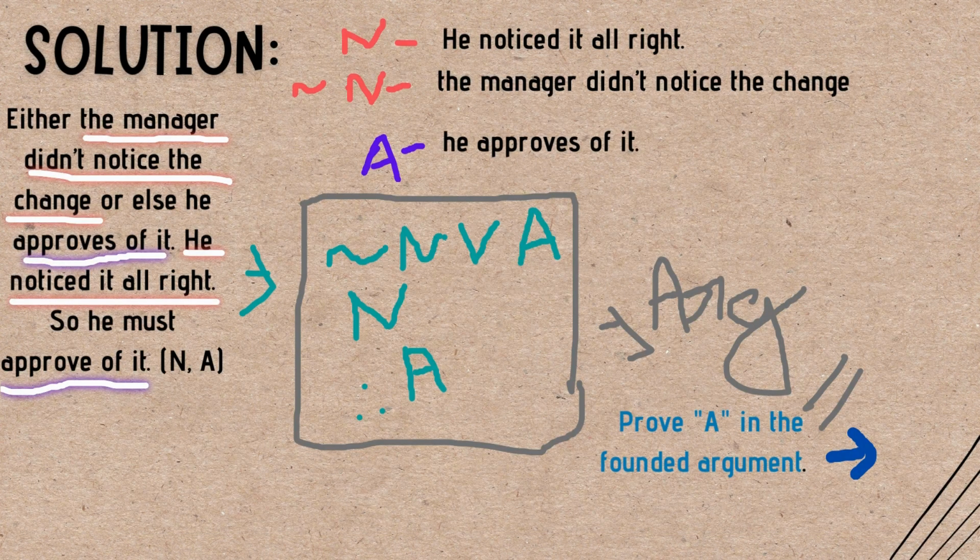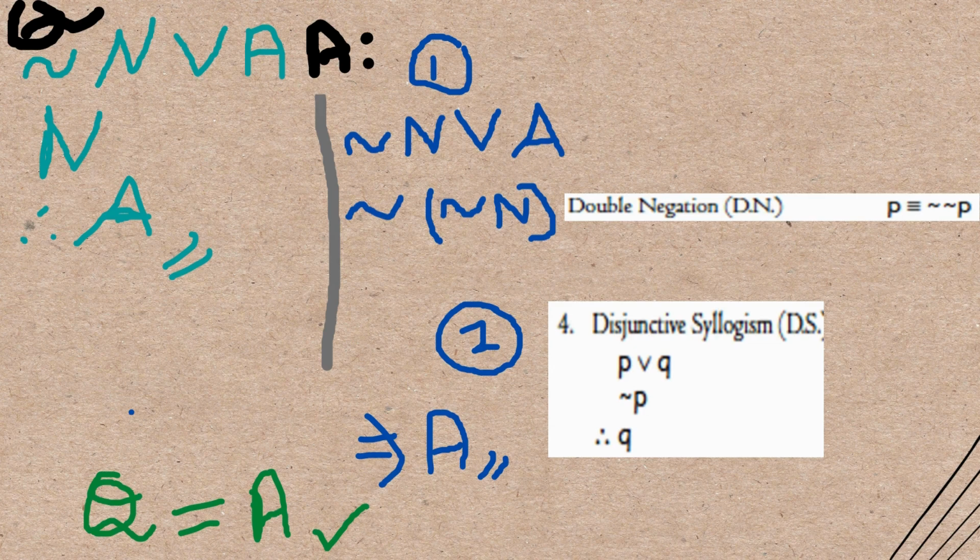You should read thoroughly and form the argument correctly so that you can prove its validity. The conclusion we need to prove is a. For that we have the toolbox with the rules of inference and rules of replacement. Let's see how to do this.